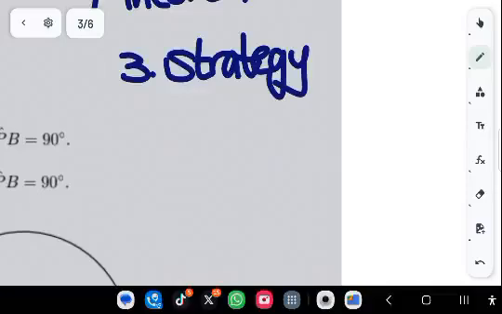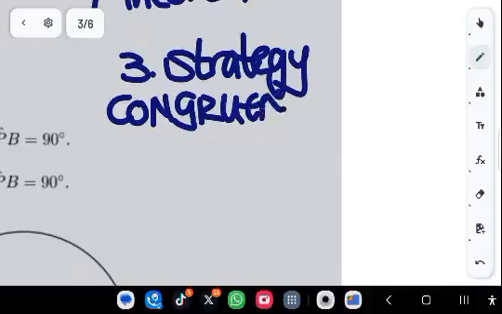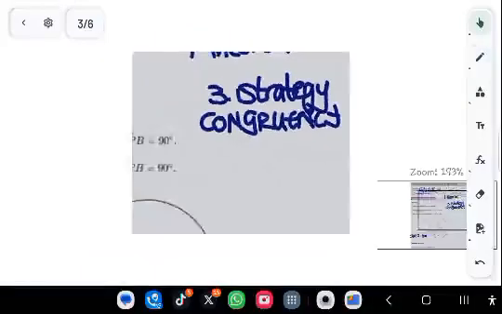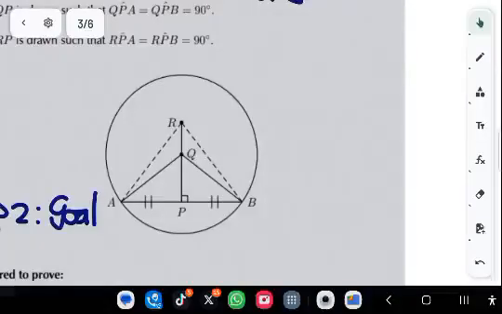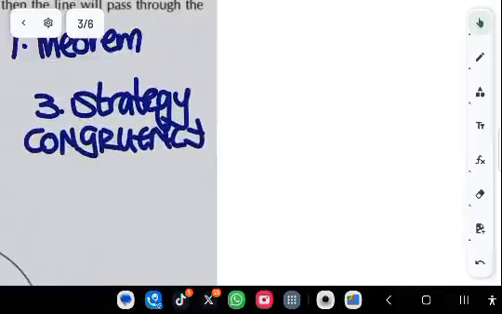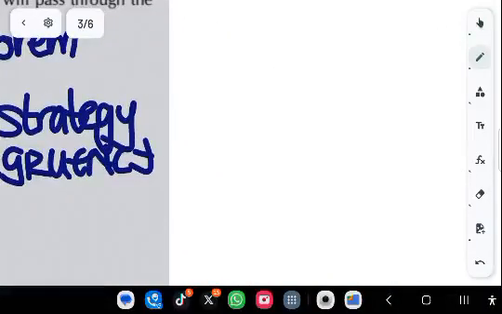So we're going to use congruency. In this congruency, we're trying to prove that the hypotenuses are equal. So the best one to use will not be RHS, it will be side angle side.